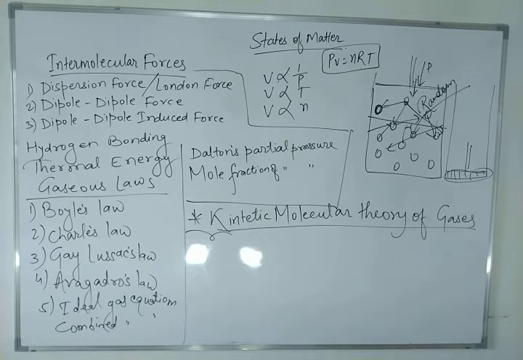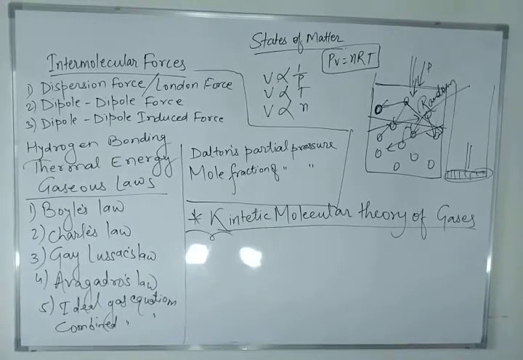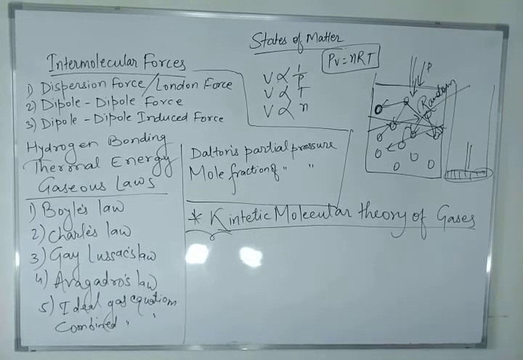The last postulate of the kinetic molecular theory: if a molecule has a variable speed, then it must have a variable kinetic energy. Under these circumstances, we can talk only about the average kinetic energy. In the kinetic theory, it is assumed that the average kinetic energy of the gaseous molecules is directly proportional to the absolute temperature.